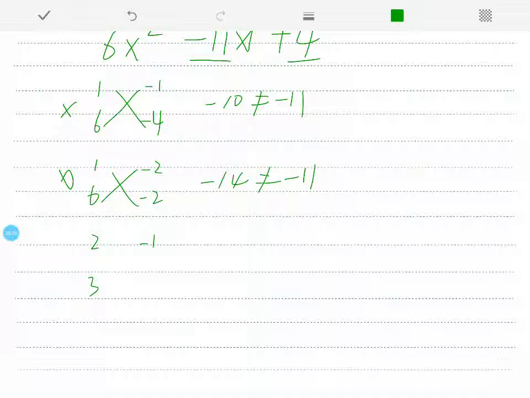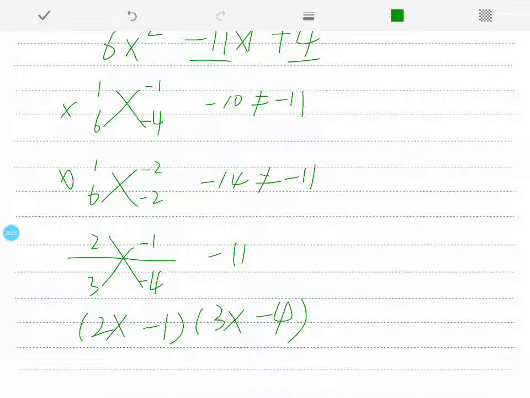So negative 1, negative 4 here. So that exactly equals negative 11. Okay, so that means we got the right combination, be 2x minus 1 times 3x minus 4. Okay.